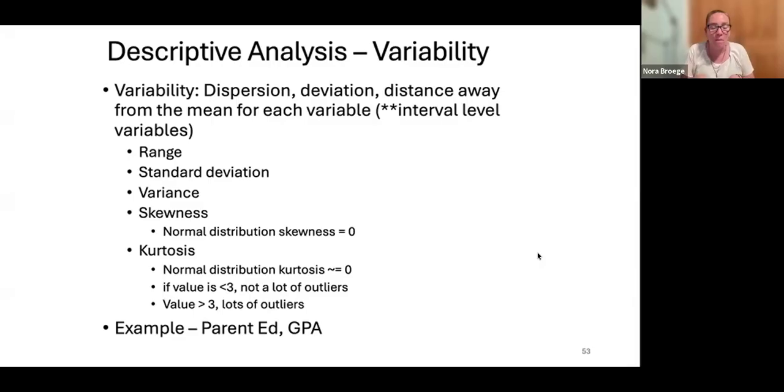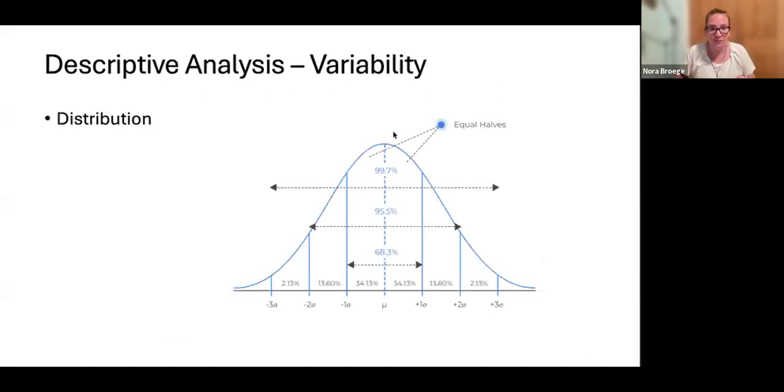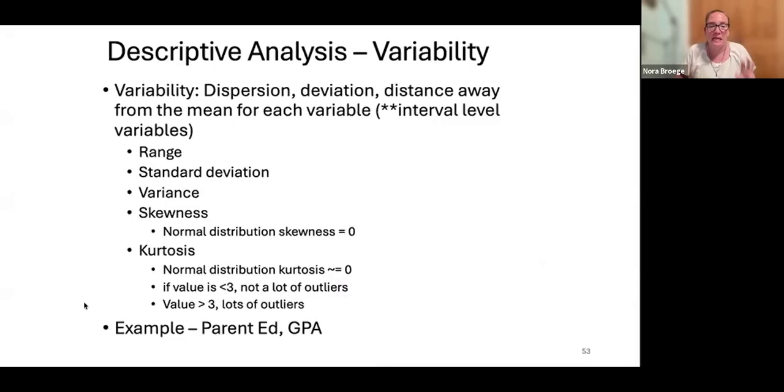So a perfectly normal data distribution is shaped like this, like a bell curve, okay? The skewness equals 0. So anything roughly around 0, we call normal enough, okay? A normal distribution's kurtosis is usually equal roughly to 0.